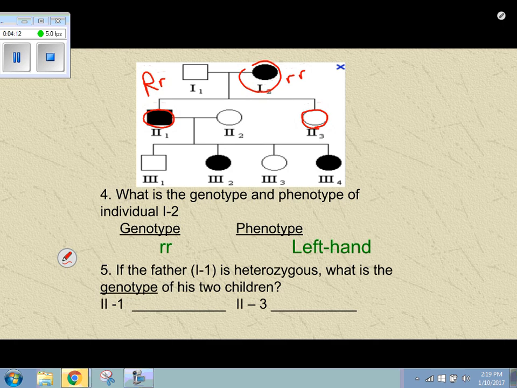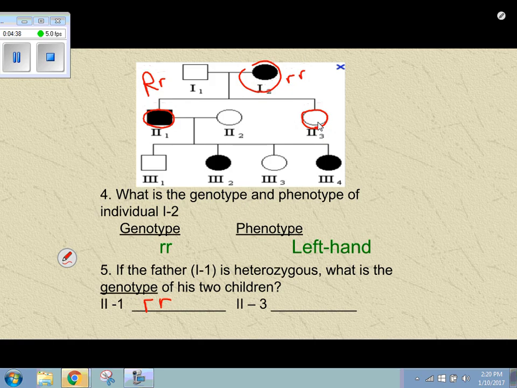He's right-handed because he carries the gene for being right-handed. His first child in the second generation shows the recessive trait, so they must have both recessive genes.